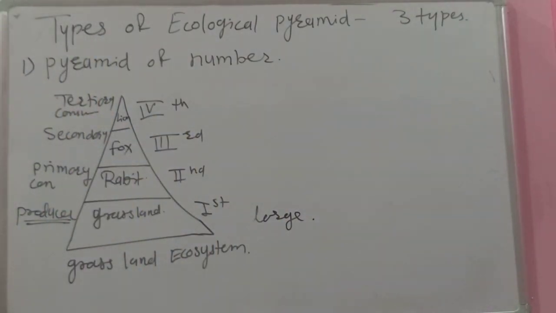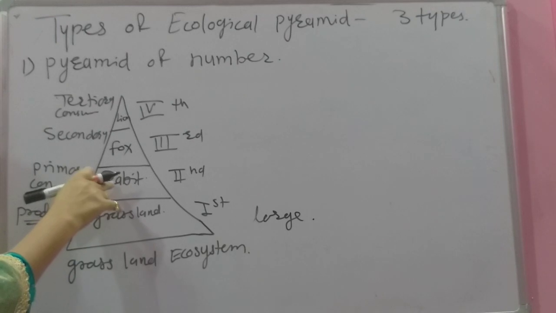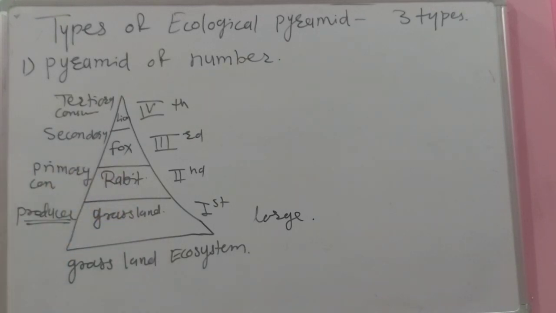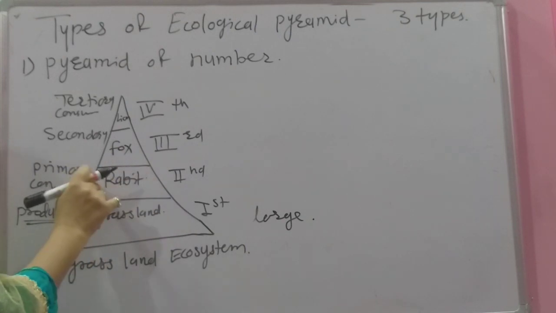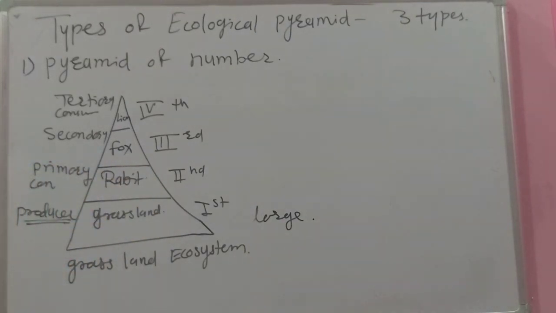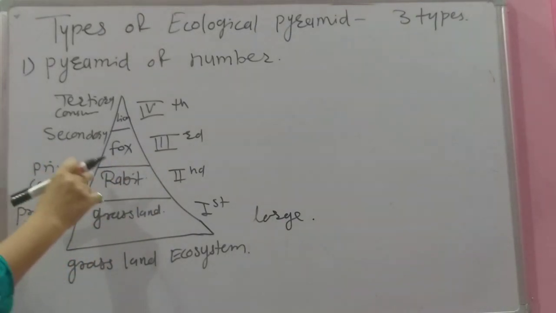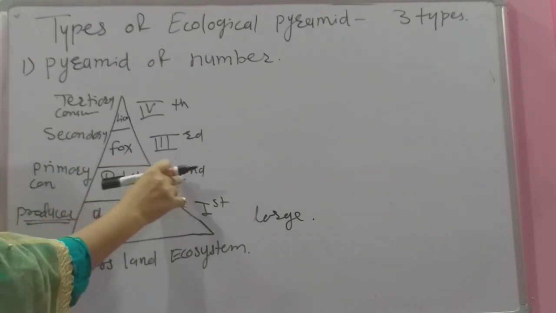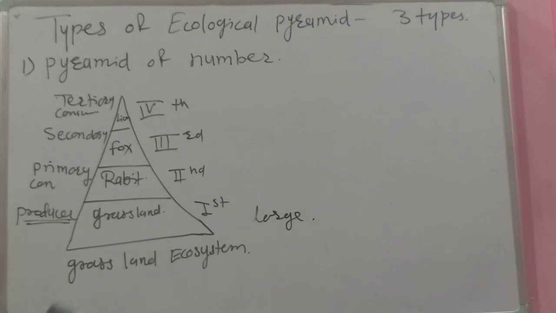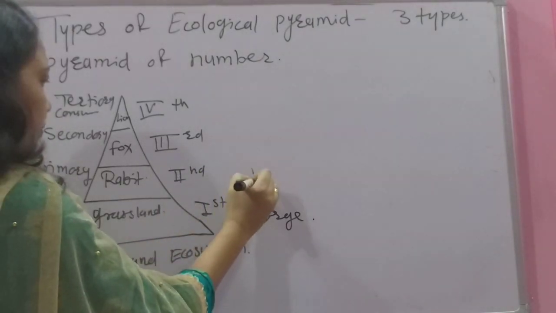Then on this grass depends the rabbit. Then the calculation of this primary consumer: how many rabbits are present in the second trophic level. This is less than the grass.